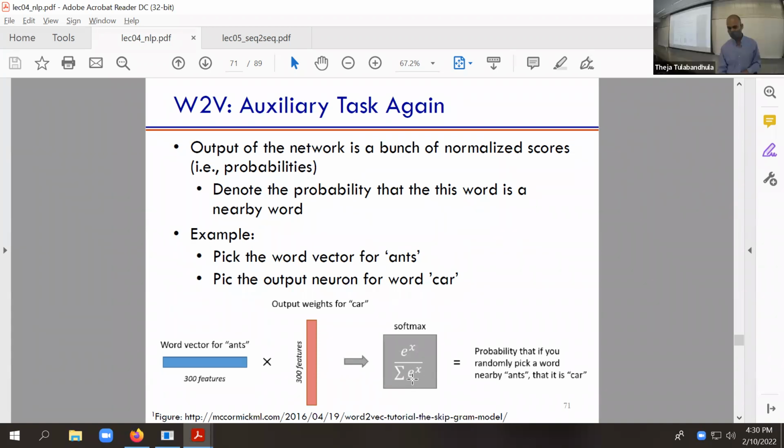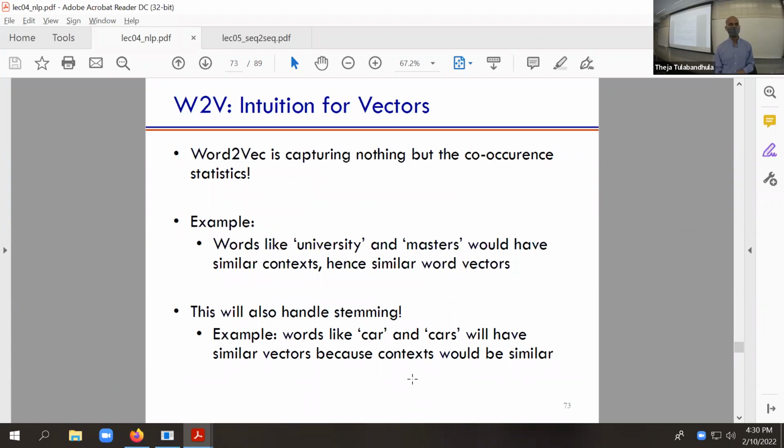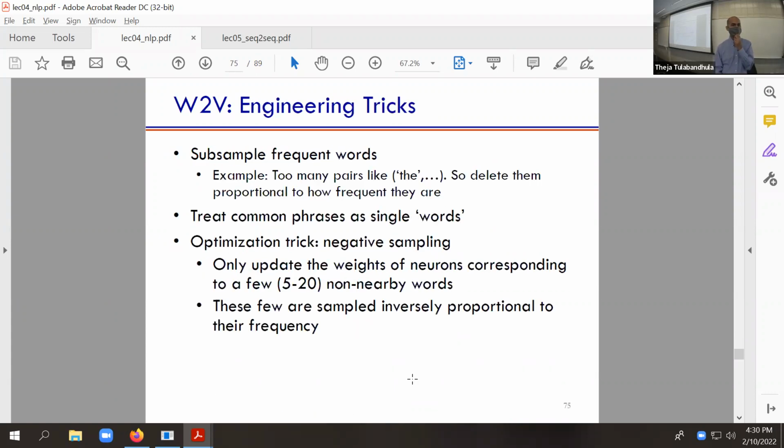It's an interesting idea to reduce the complexity of backprop. You only update the weights of neurons corresponding to a few non-nearby words. So you have a nearby word, some target word, and some other random 10, 20 words are the only ones you focus on when doing the backprop. That's what's happening here.